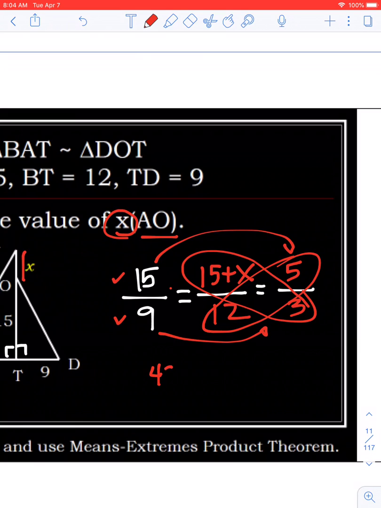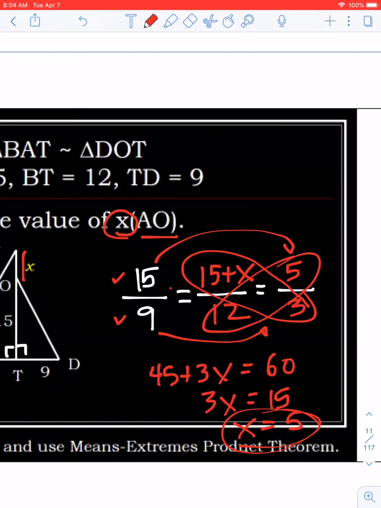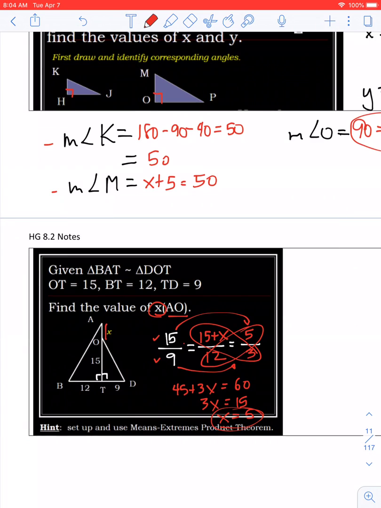And we get 45 plus 3x is equal to 60. So 3x is 15, so x is 5. Bingo, we found the answer. All right? Well, good.